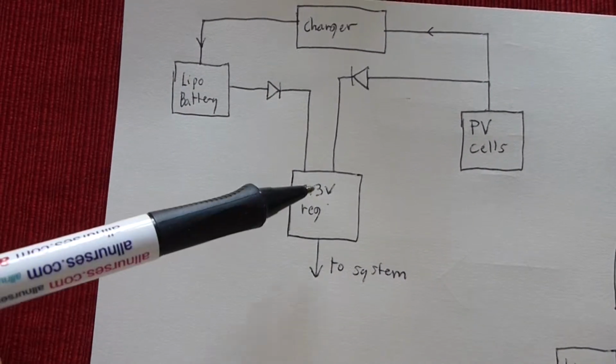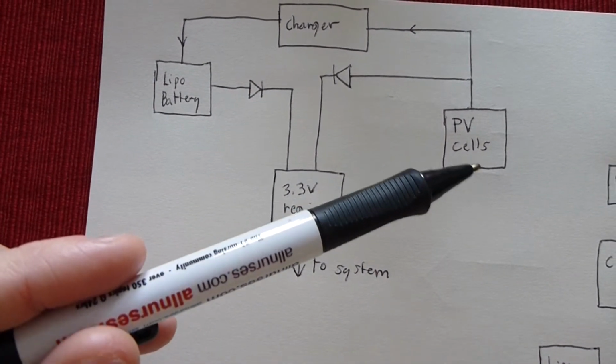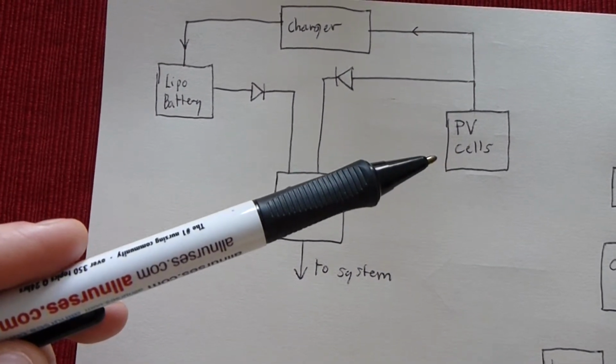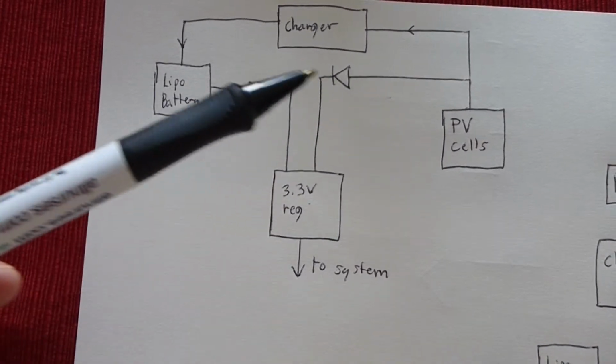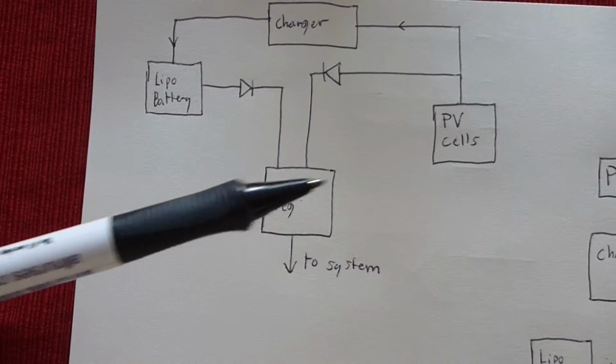So this goes to the system. This is the 3.3 volt regulator into the system. So here the difference is that our solar cells actually drive the system directly through a diode, okay?